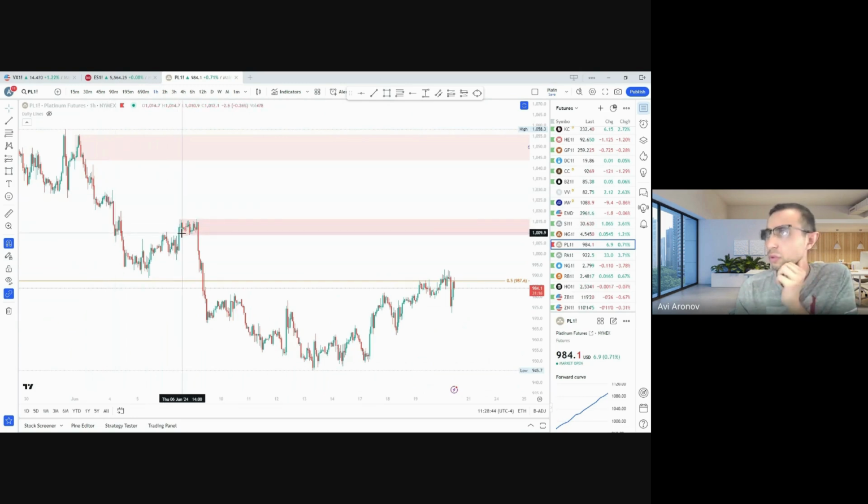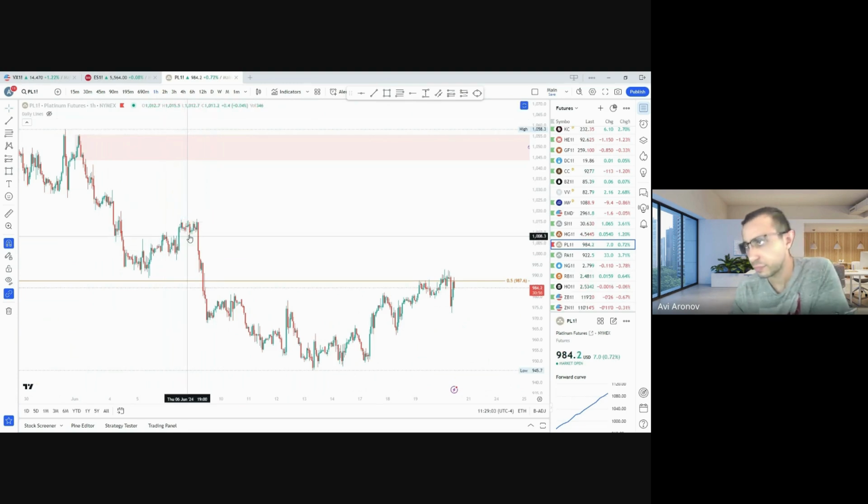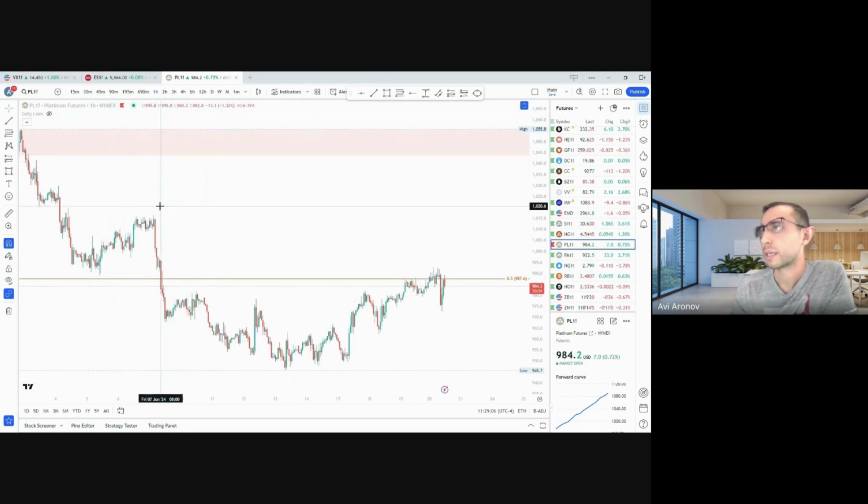Okay, so look here also, it was more or less balanced, right? Then it got out of the zone and created here a new bounce. So you should exit right away if you see that it's getting into a bounce zone. At the end of the day, it's you versus you, not you versus anything. So it's very important.